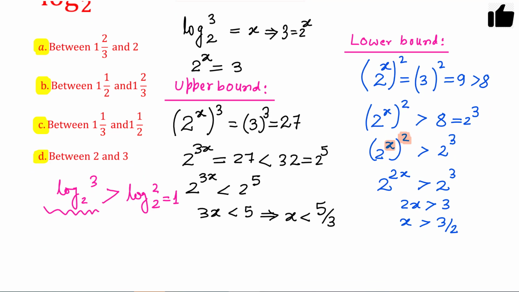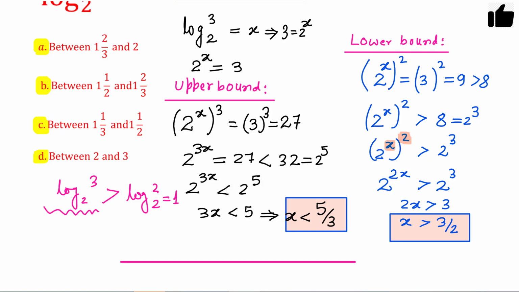So this is one inequality and this is another inequality. I can combine these two inequalities, and it is better to show them on the number line. Let us say this is the number line and on it you have x. So 3 by 2 is 1.5, and 5 by 3 is 1.67, somewhere here.